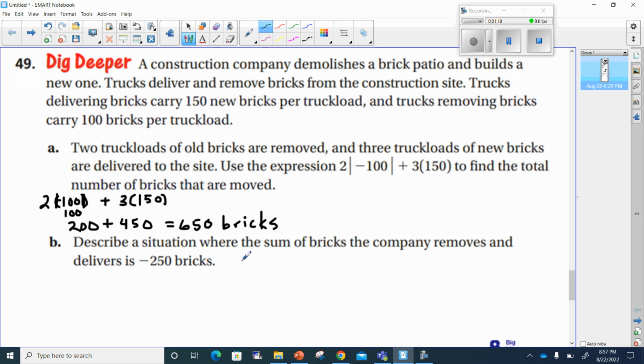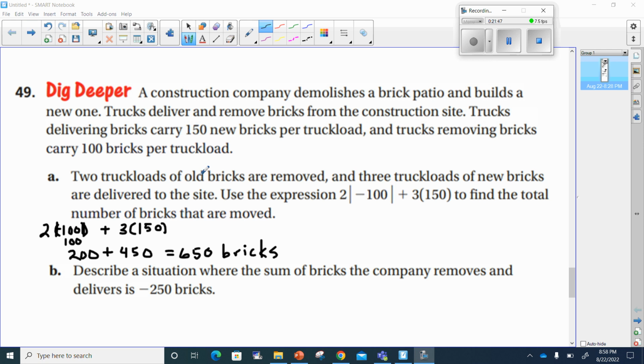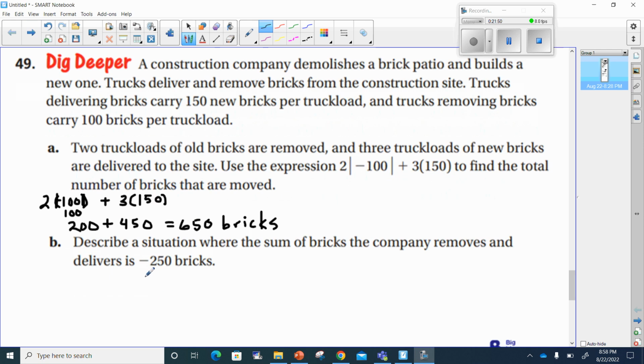B says describe a situation where the sum of bricks the company moves and delivers is negative 250. Okay. Let's see, negative 250. Well, let's see. If I was to take one, because I have to show removes and delivers, if I took 1 truckload that was delivered, that's 1 times 150.